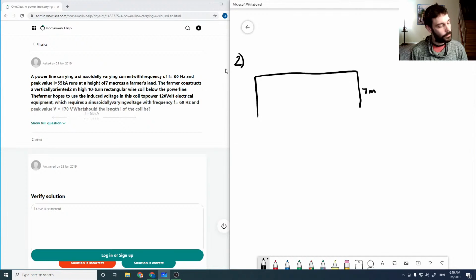And then below it, a farmer has a 2 meter high and some length. So it's got a coil of wire. That's a rectangular coil that's 2 meters by some length. And there's 10 turns of coil there. So the 10 turns are going into and out of the page. Okay. And through this line, there's a current running.